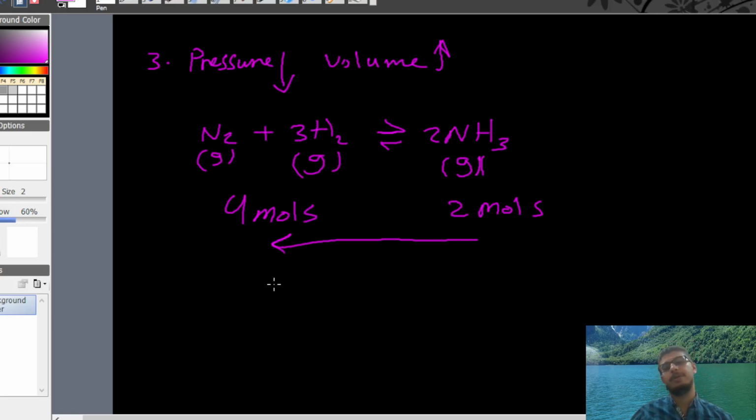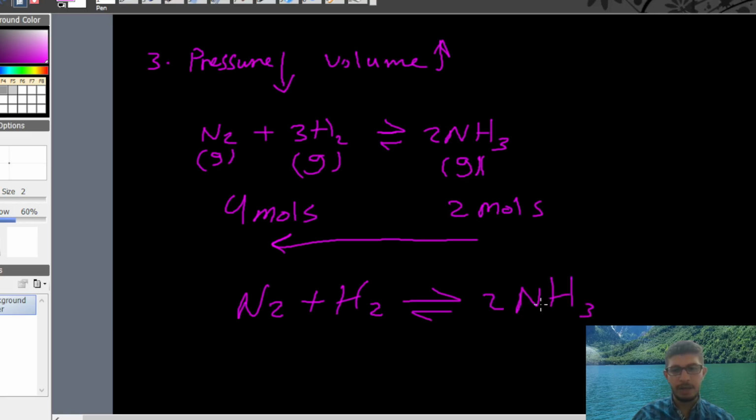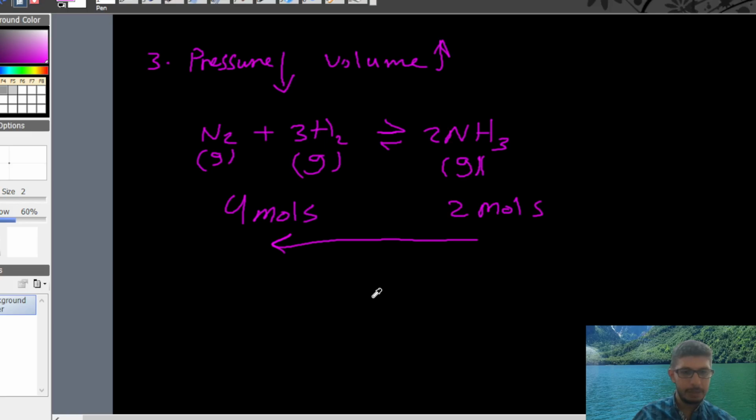But what if I have something like, let's say, A and B to give C. C has 2 moles, and this is a gas.